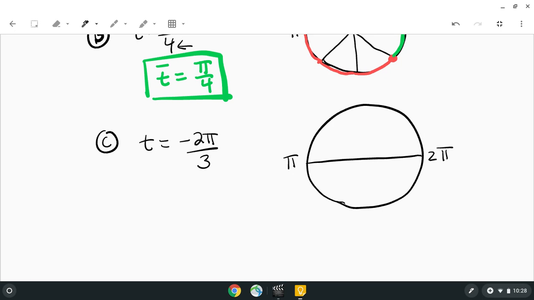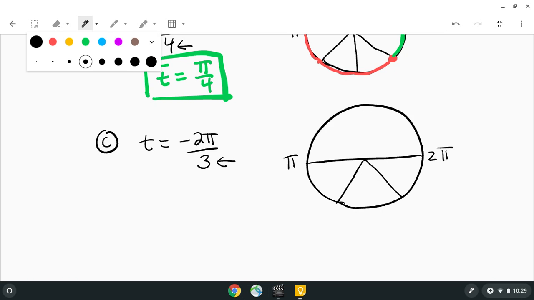Okay, and again, my half circle is cut into 3 pieces. So let's go ahead and do that. Okay. And I don't need more than 2, so I'm not going to slice up the top. Okay, so I'm going negative. That's why I use the ones down below, because I'm going clockwise. Okay, so I have to go negative 2/3.